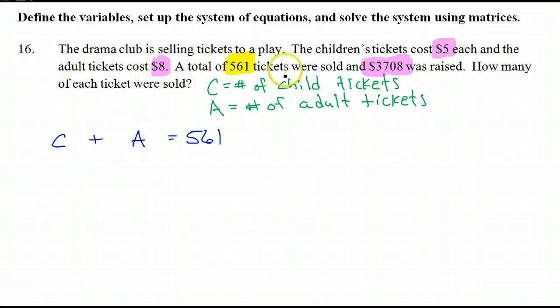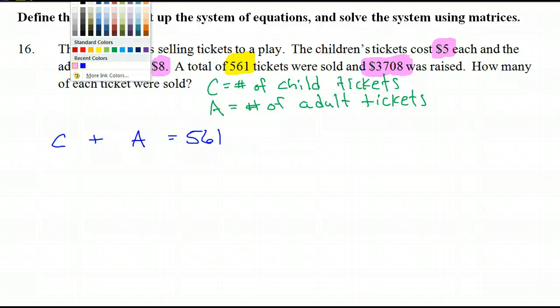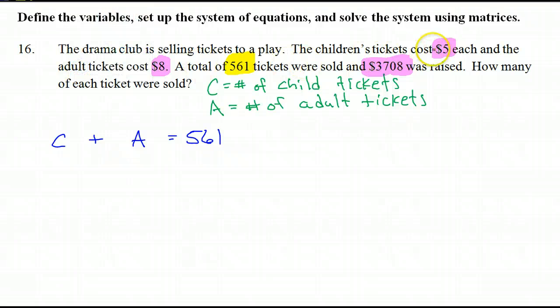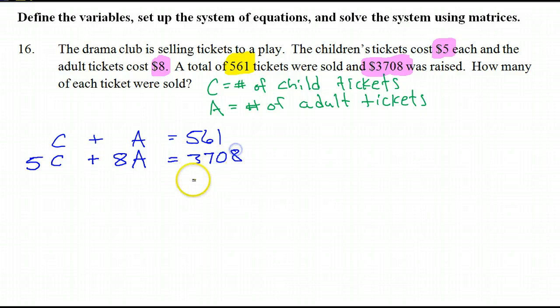Even if you're only guessing, it should make sense to you that the money should all go in one equation. So like I said, $5 per child ticket plus $8 per adult ticket, total of $3,708. So these are the equations.